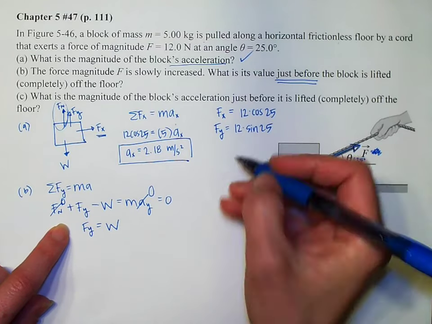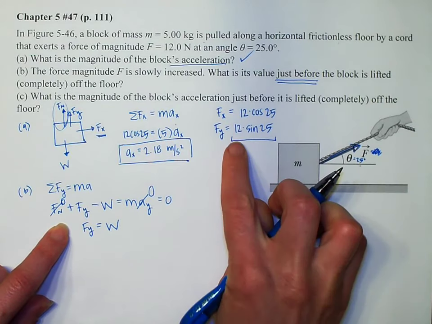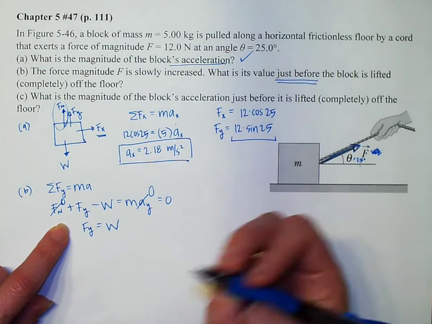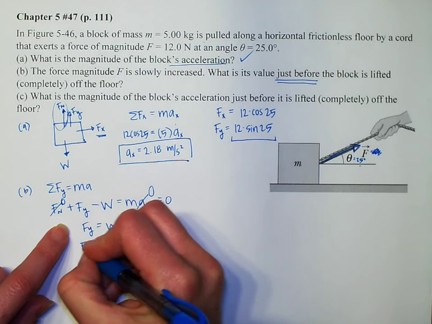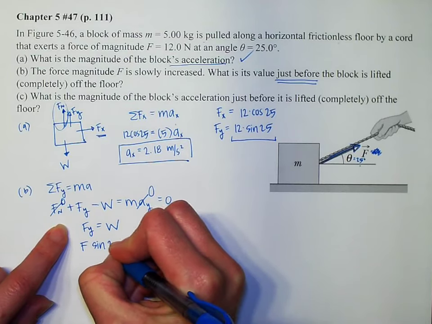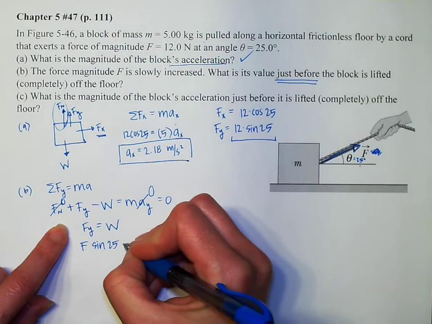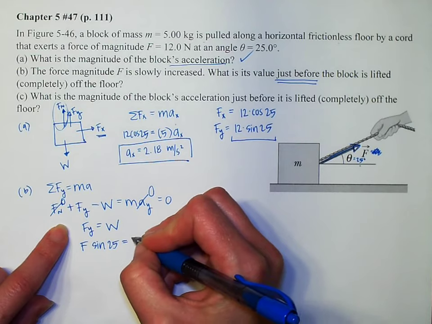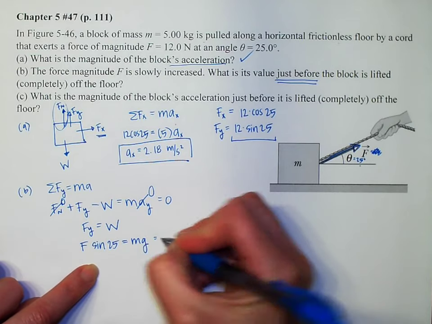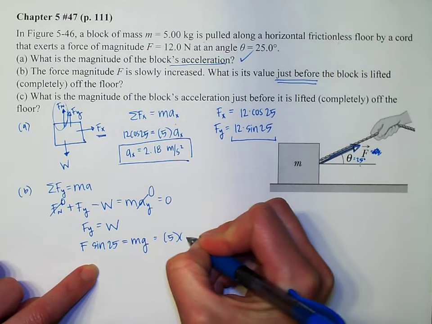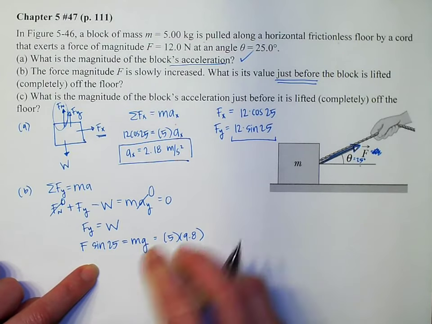And so now I can go back here. Remember, our F is no longer 12, but I'm just going to use the variable F instead of a 12 there. So I will have F sine 25, because we're still at that same angle, equals our weight. And we know that our weight is mass times gravity. So that's 5 times 9.8.